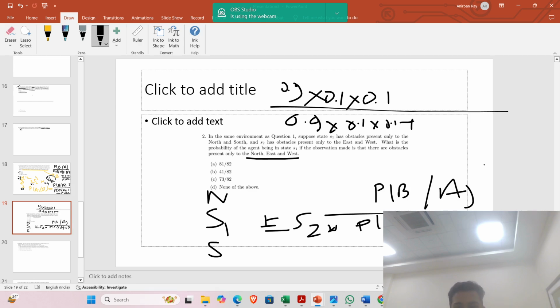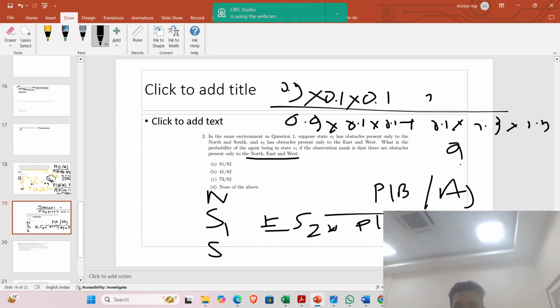And here, for this state S2, it is present in only east and west. So east and west are 0.9, but the others are 0.1, this is 0.1 and 0.9, 0.9. So all the 0 points are gone, multiplied by 1000, that is what I mean.